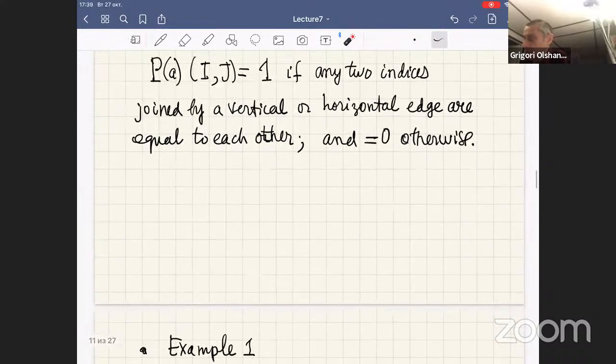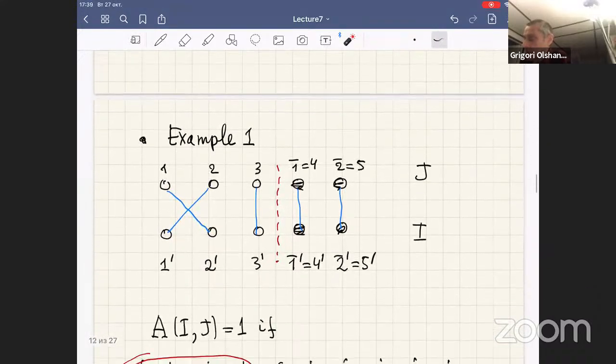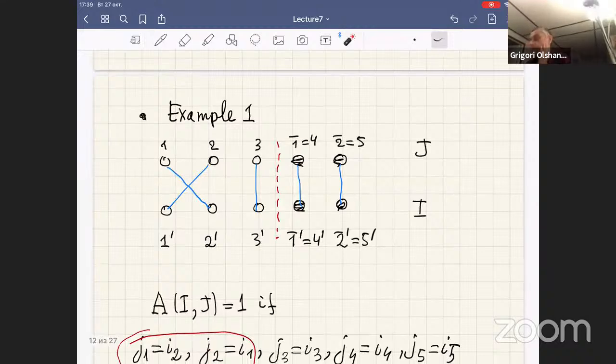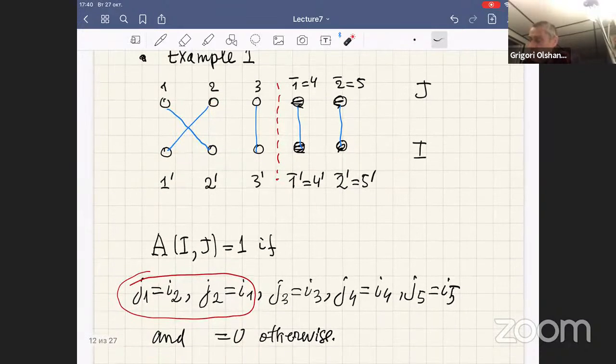So how to understand it better? There is some model picture. This is the case of a group element, a permutation from the symmetric group. This cross gives us the elementary transposition between this element and this one, and the condition is as follows.